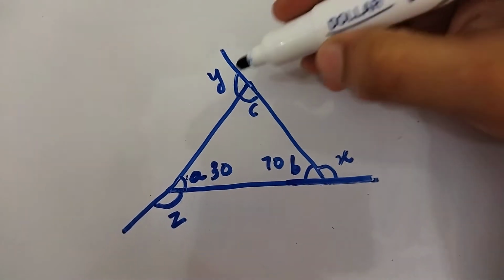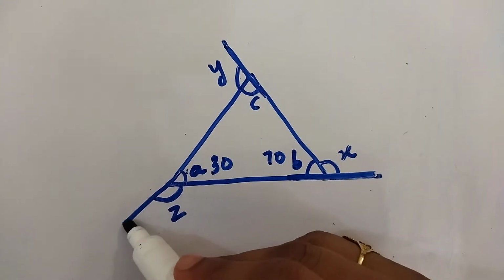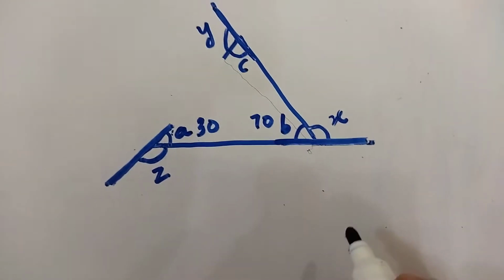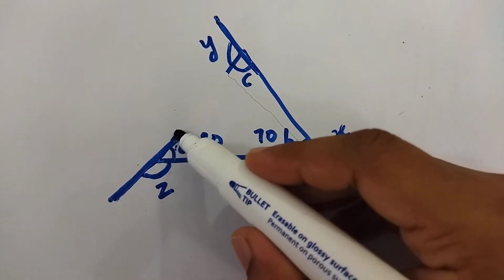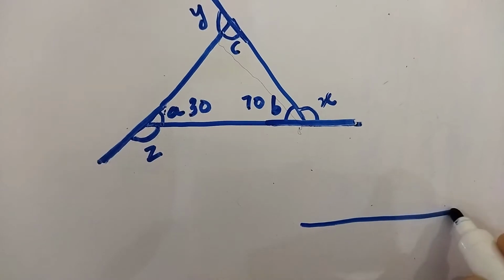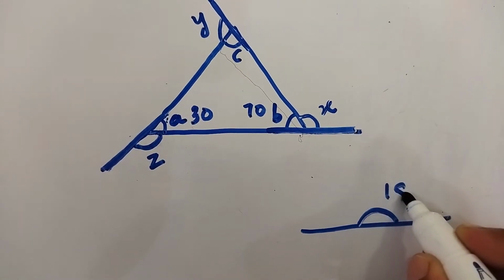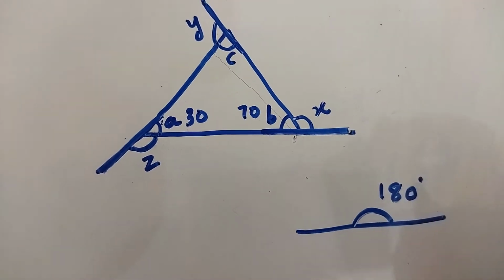Number one, this one. Number two, this one. And number three, this one. And we all know that this straight line makes an angle of 180 degrees, right?